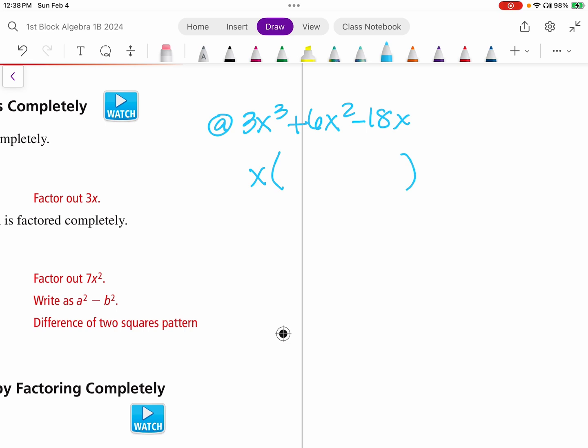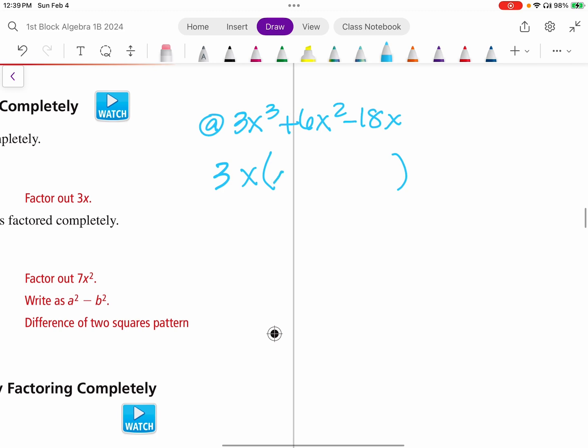Before I factor just my x, I'm going to check my coefficients and see if they have a common factor. 3, 6, 18. I know that they can all be divided by 3, so we're going to factor out a 3x. So now I ask myself one step at a time. 3x times what equals 3x cubed? x squared.